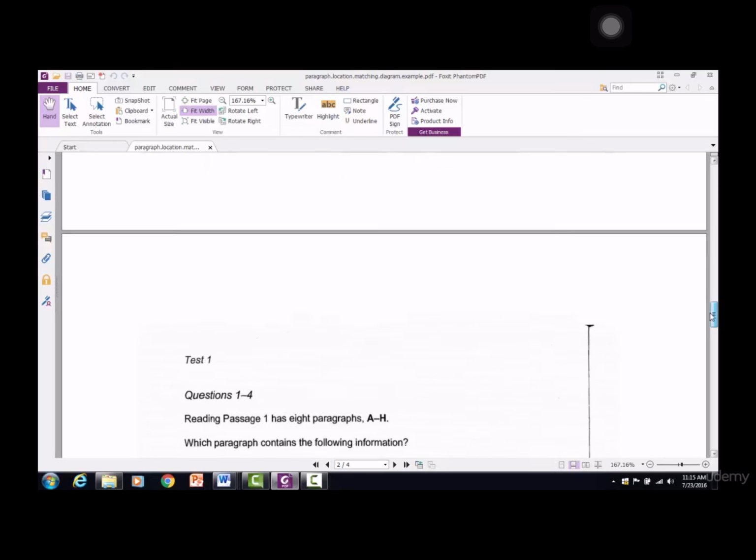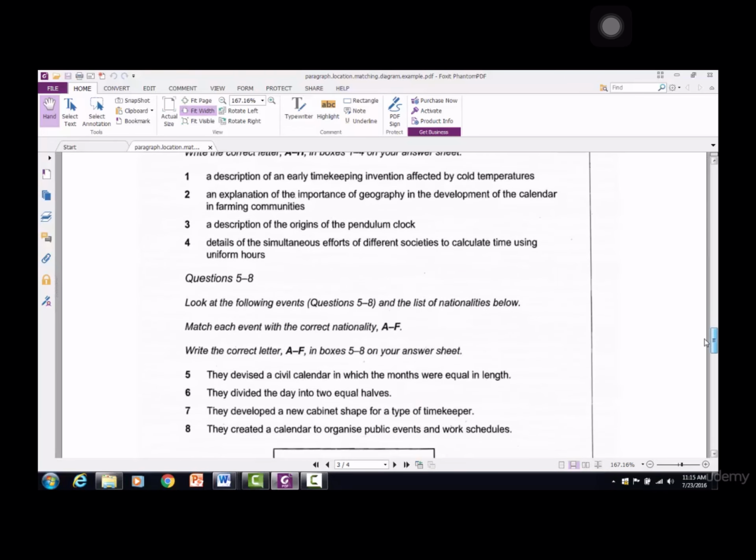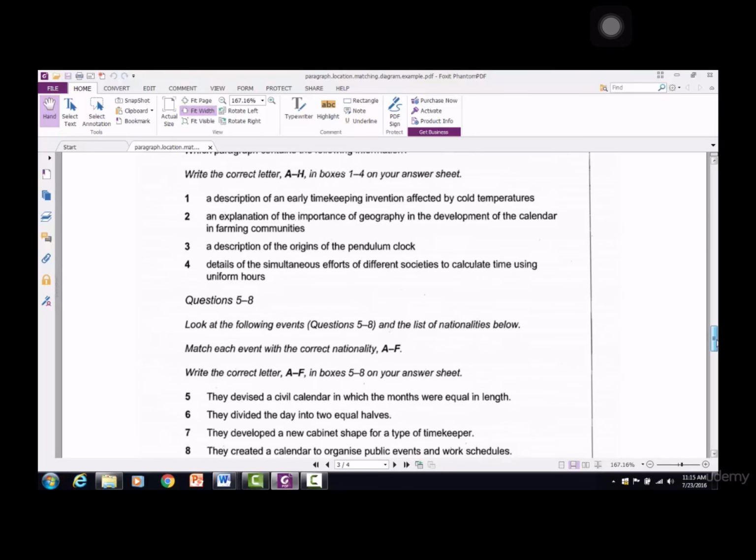So by doing the matching question first, and then doing the paragraph location questions after, you can get a really good idea of where one or two of them are located. And that's why I say don't do it first. All right, so that's just a little bit of advice for you in terms of handling the paragraph location question.